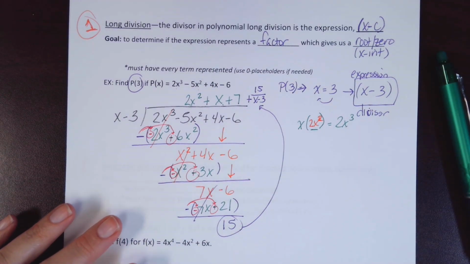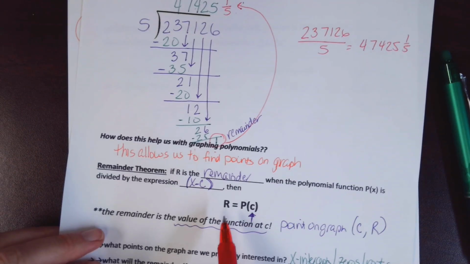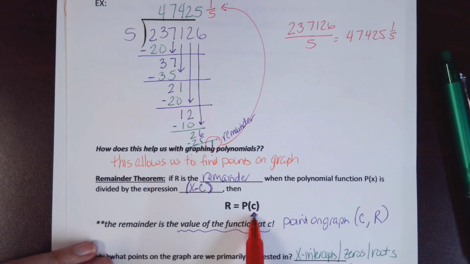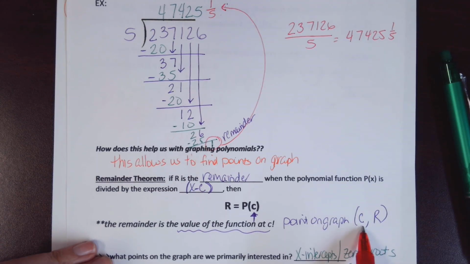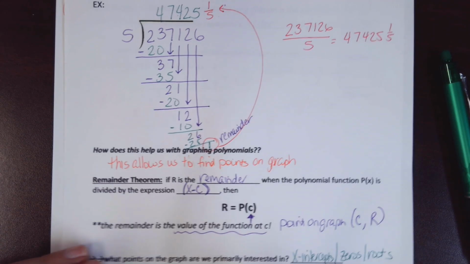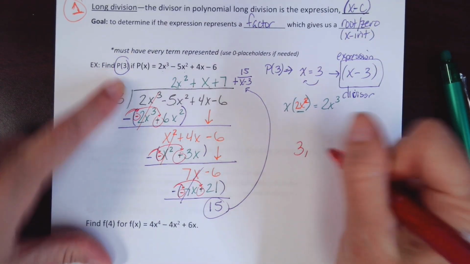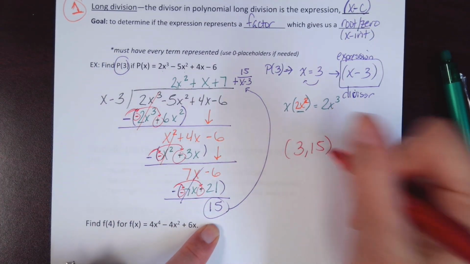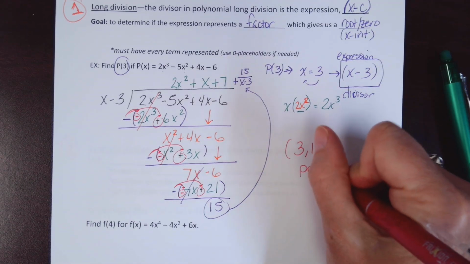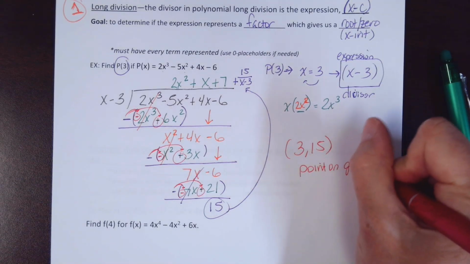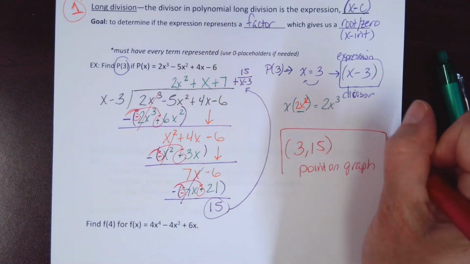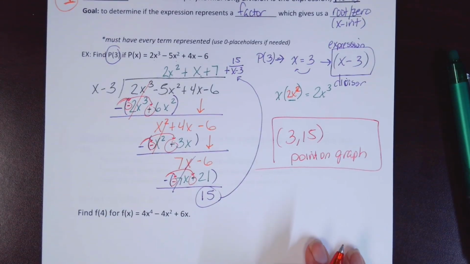Remember I told you that our remainder theorem says the remainder is the function value at that value c. So we have a point on the graph. Whatever c was compares up with that remainder. I was dividing by 3. I got a remainder of 15. That's a point on my graph. Is that point on my graph on the y-axis?